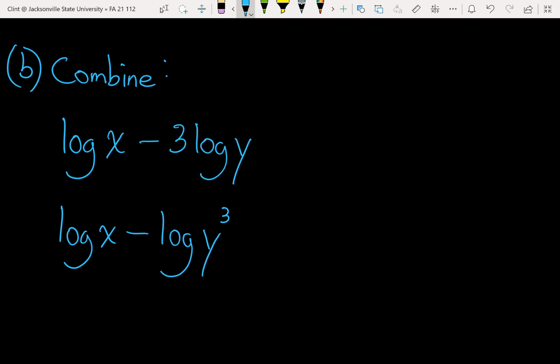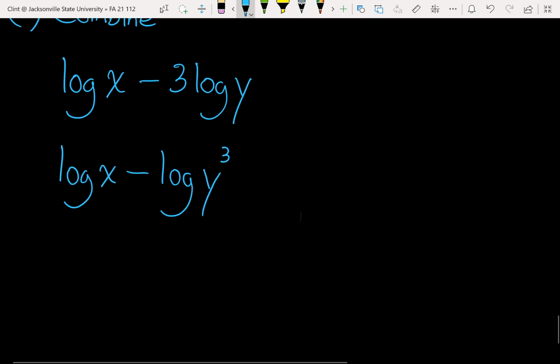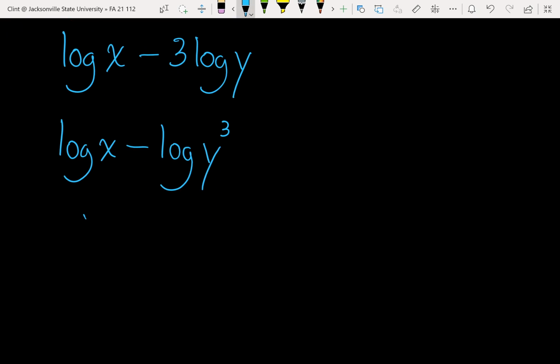And then to combine these two, it's subtraction, so it's going to be division. So we'll have log of x over y to the third.